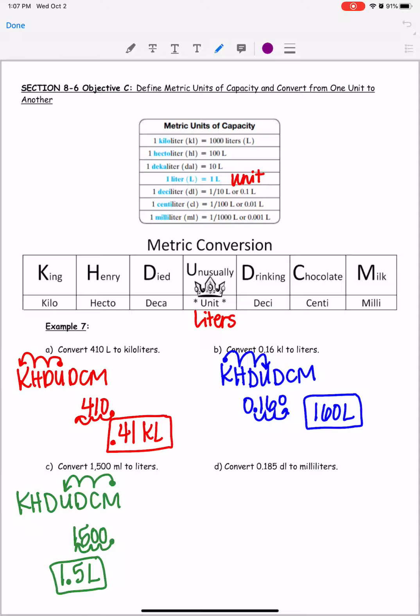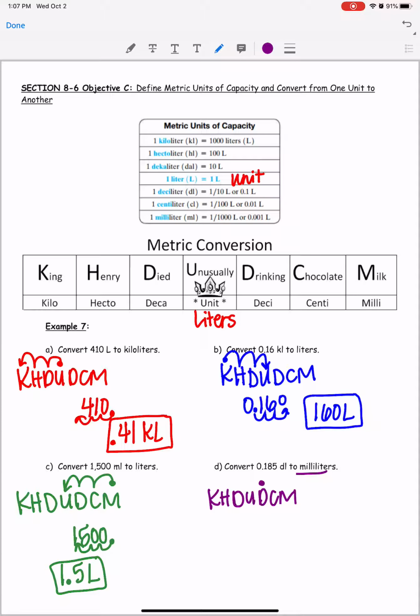And then our last example, we're converting 0.185. This DL right here stands for decaliters. So King Henry died unusually drinking chocolate milk. Because this DL is right here, we're starting here.